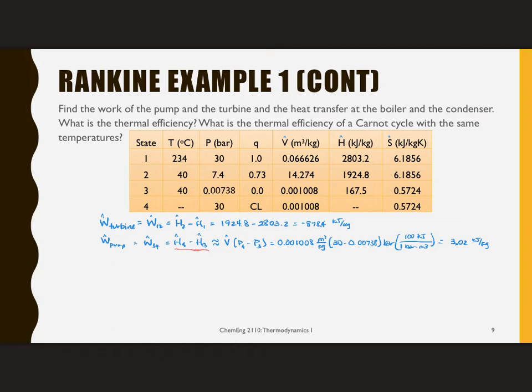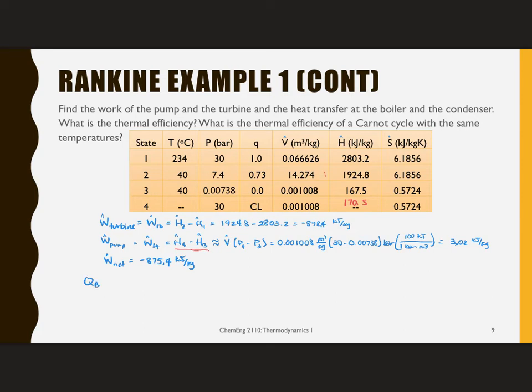I know H3, therefore I can calculate that H4 must be 170.5 kilojoules per kilogram. So I calculated that after the fact. Now, I also can calculate the net work, right? I'm just going to add these two. And so the net work is negative 875.4 kilojoules per kilogram.